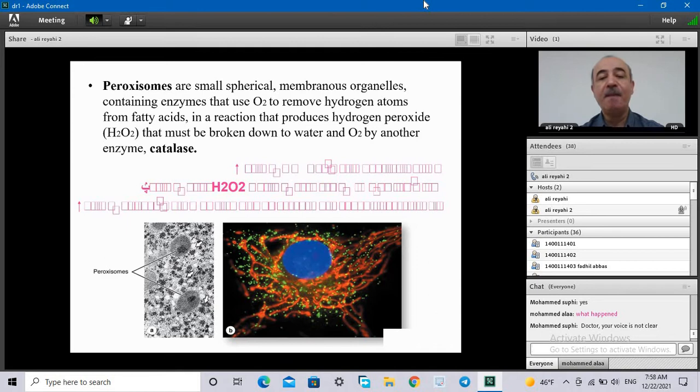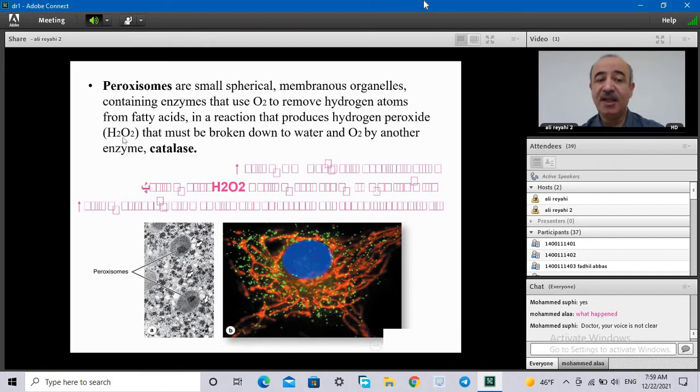So it's important for the cytoplasm of specific cells. It uses the oxygen to remove hydrogen atoms from fatty acids in a reaction that produces hydrogen peroxide, H2O2.